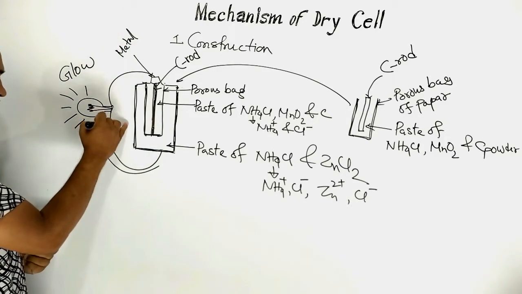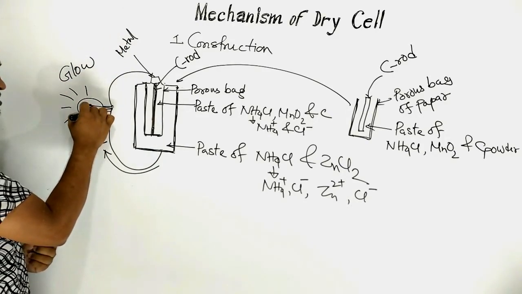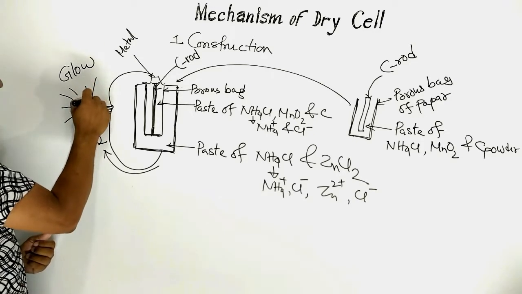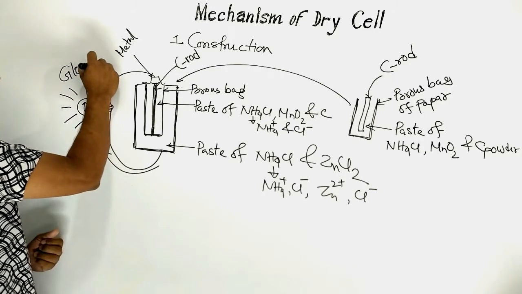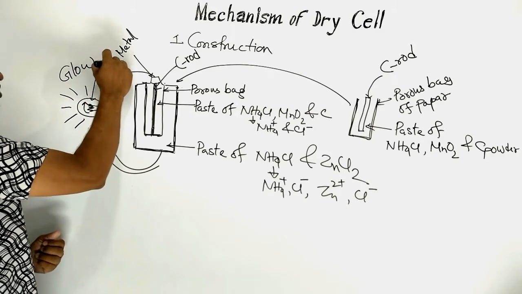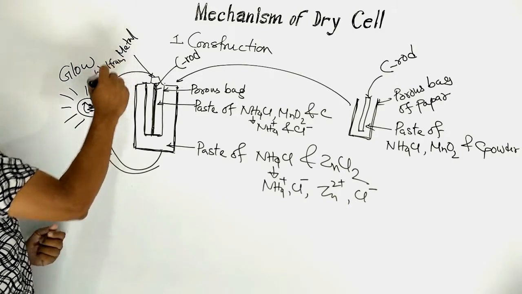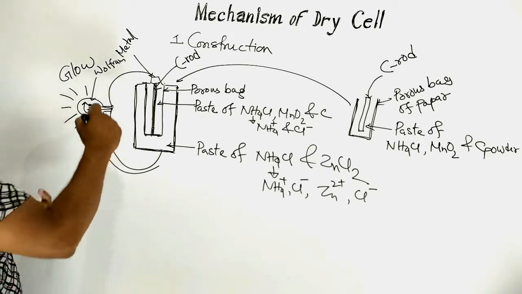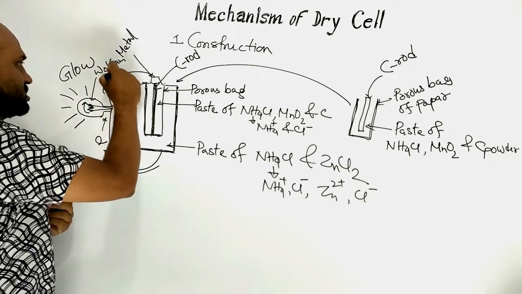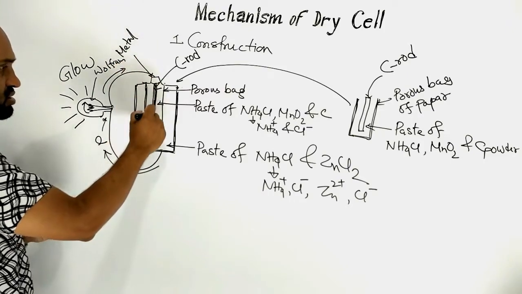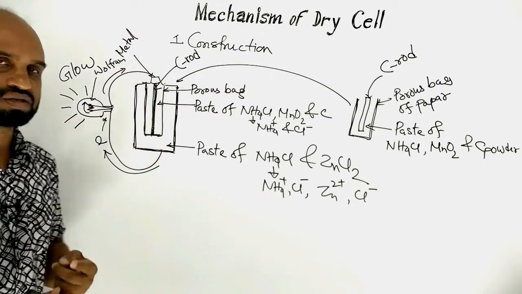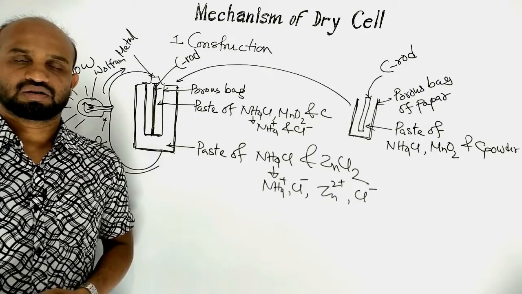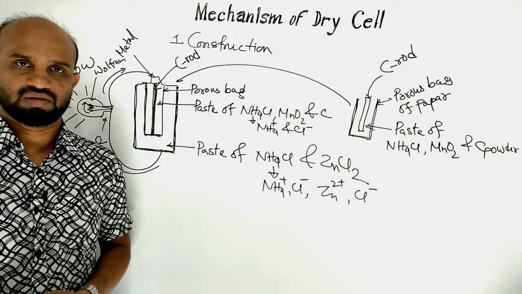But when these electrons pass through this filament, which is tungsten, that is wolfram, at that time this bulb will glow, and then electrons will pass to the cell again. This is about the construction of the dry cell.